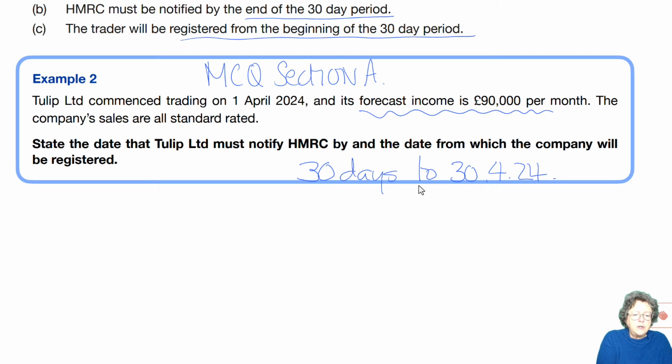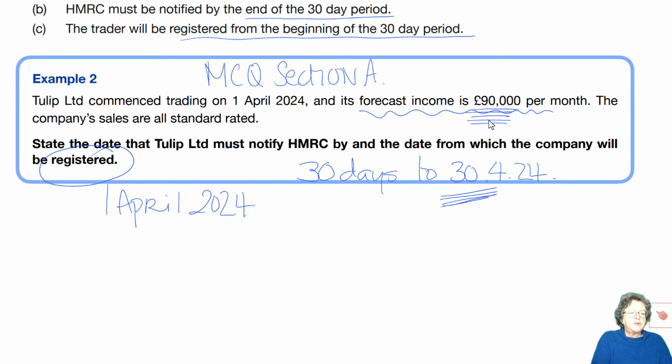So they must notify by that date, because that's the end, and they will be registered from the beginning of that period of time, so that the revenue can capture the VAT on that first month.